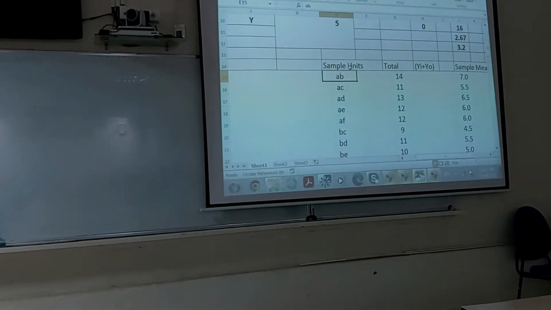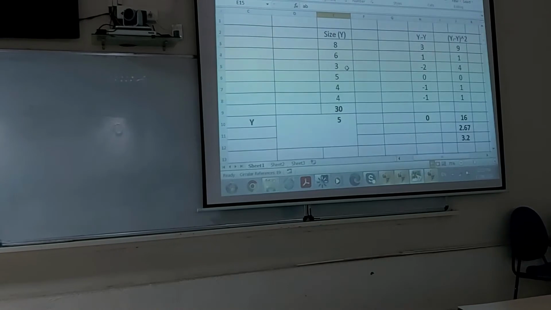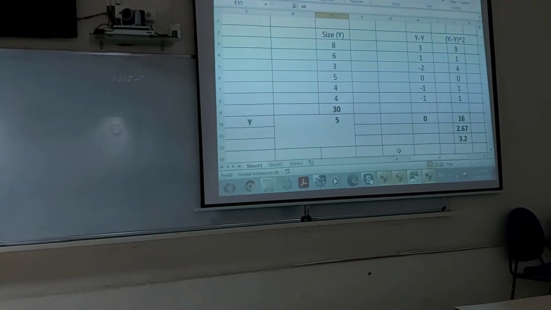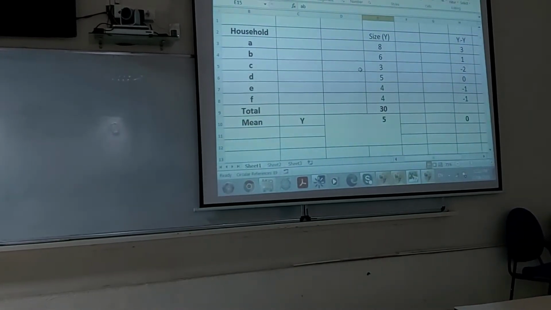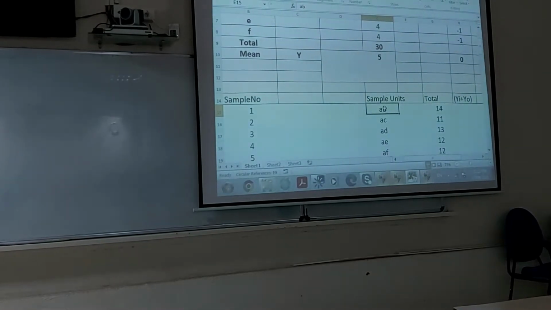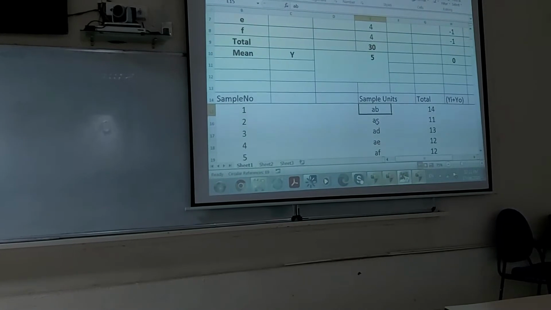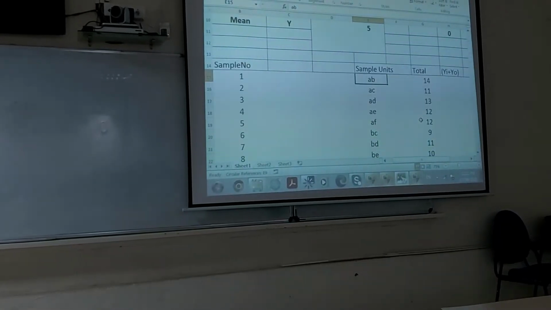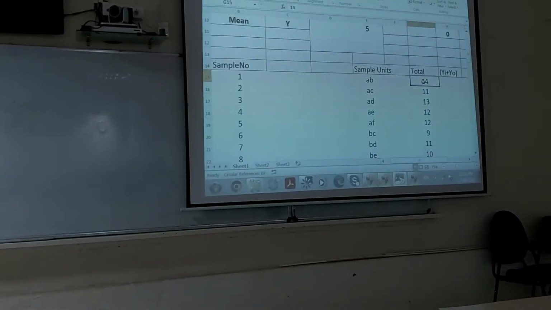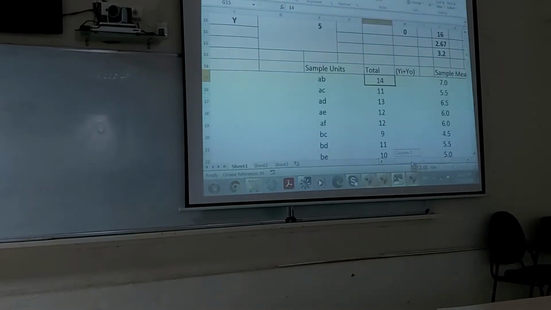And for each sample, we plug in those values. That means take the value of A and the value of B as it is in the population, and plug it in place of A and B. The sum for A and B would be 8 plus 6, that is 14. When it is A plus C, it is 8 plus 3, that is 11, and so on. So for each of these, we calculate the total, just as we calculate the arithmetic mean.